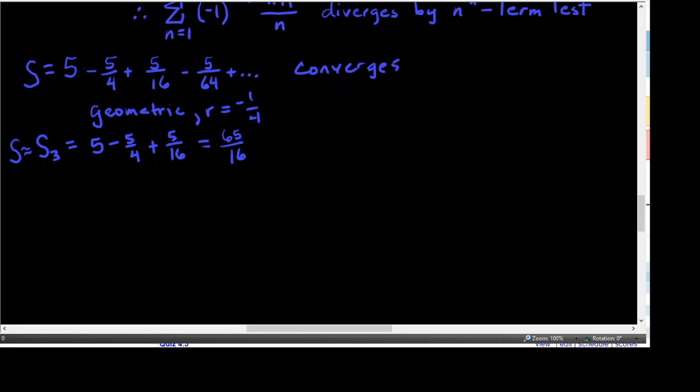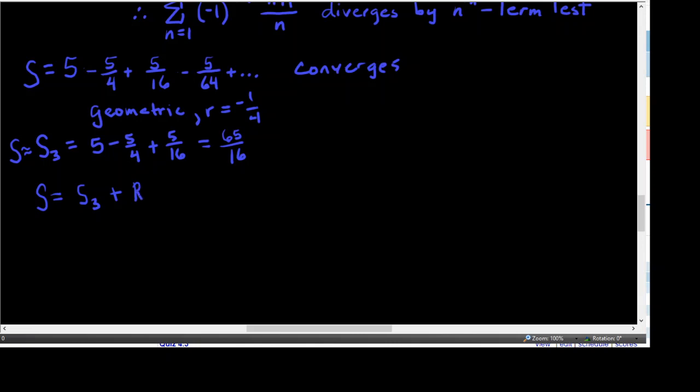Now, what we've done when we've taken just the first three terms is we've taken the entire series and added the first three, and then what's left is the rest of those numbers, minus 5/64ths, plus 5/256, etc. And what we're going to call that is the remainder of the series.